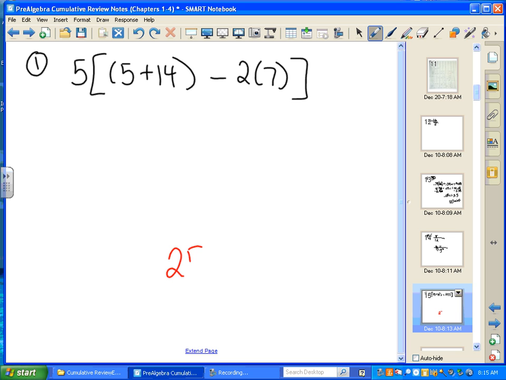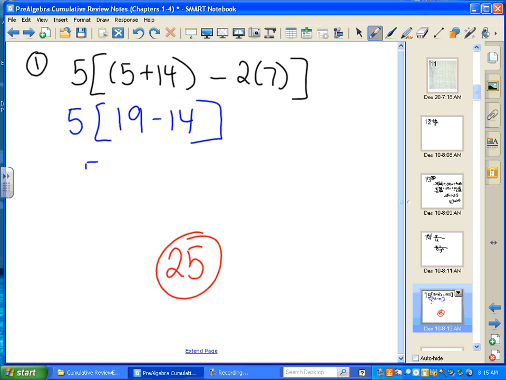Good, 25. Any questions on how we get 25? Sean? You wouldn't need to put that 5 outside the bracket times -2, right? You do that at the very end. Nope, that's the last thing you do.